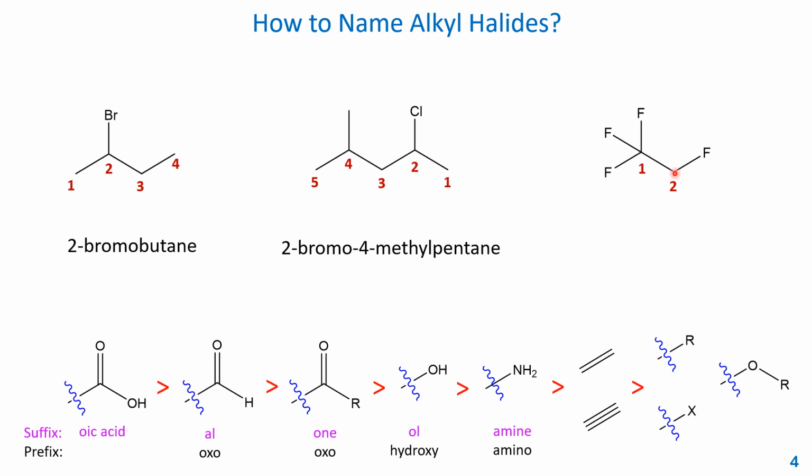If you number this one, just 1 fluoro on the carbon. That's why it's 1,1,1,2-tetrafluoroethane. Ethane is the parent. You have 4 fluoro substituents. Okay, so you have to use commas to separate 1,1,1,2. Tetra means 4 fluoroethane.